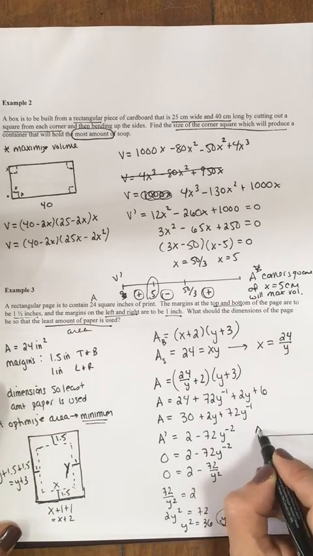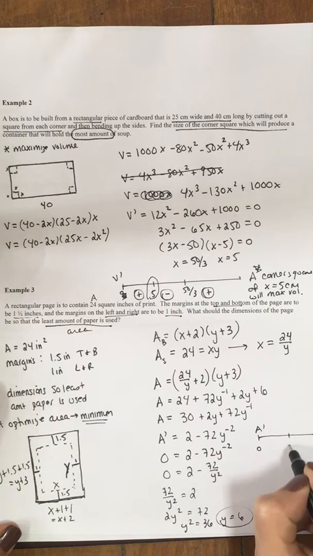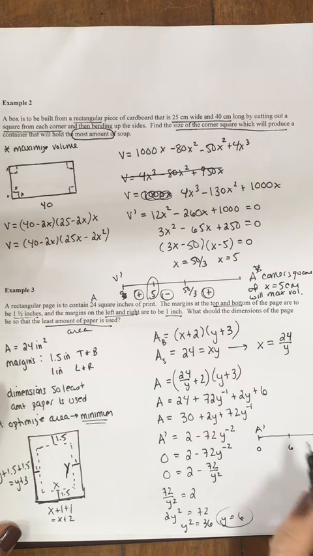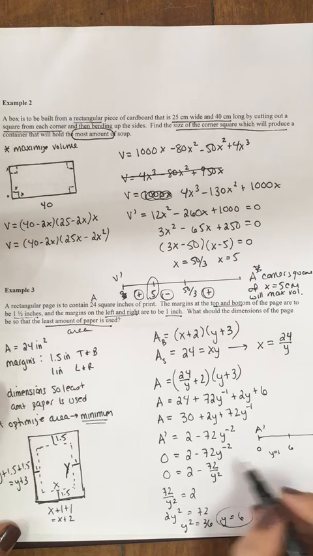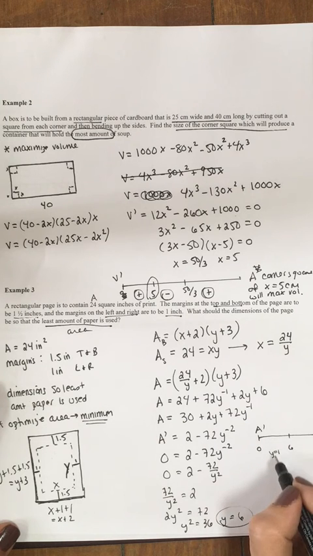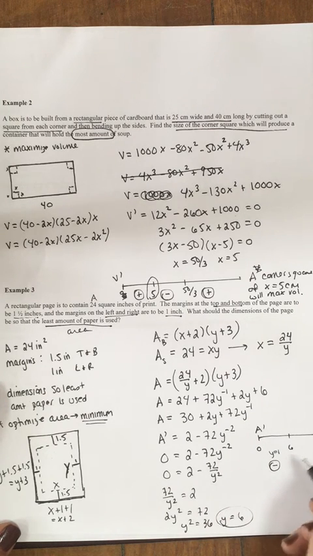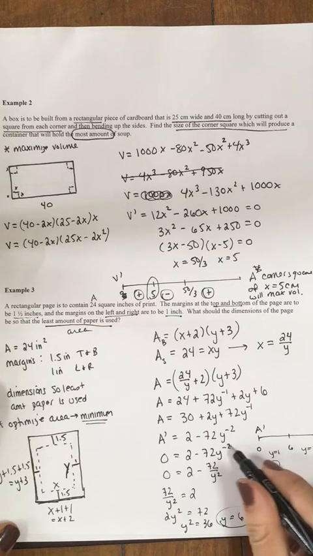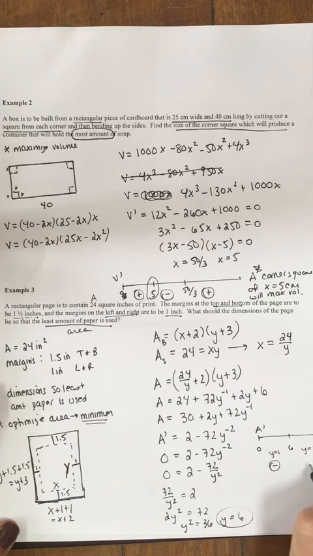So number line, this is for A prime. We can start at 0, and we're going to test 6. Say we test y equals 1, wherever you want to test it for A prime. If we plugged in y equals 1, we're going to end up with a negative value. And maybe over here we go ahead and we test y equals 7. It's going to give us a positive value.